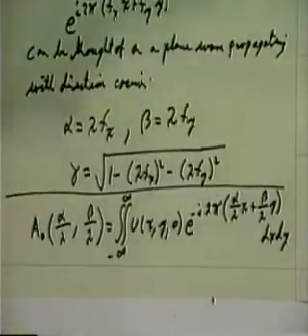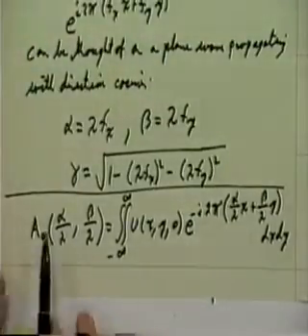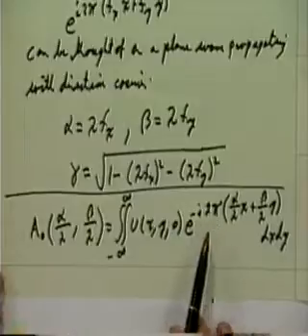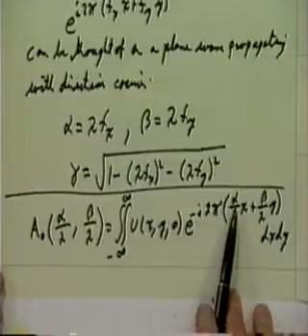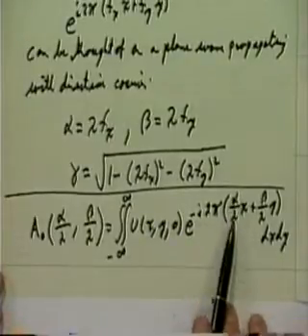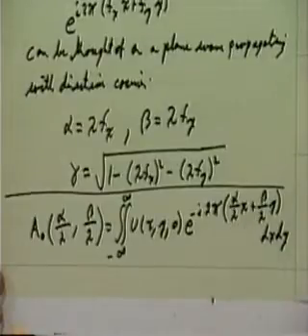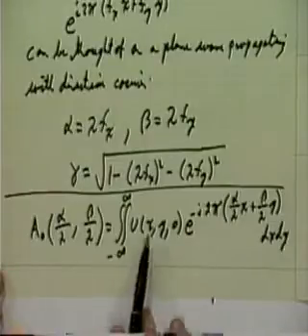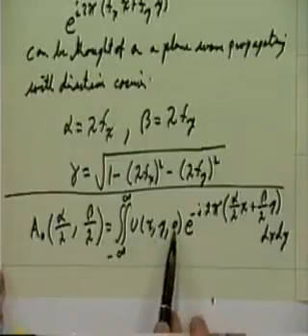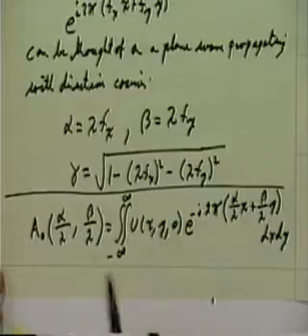So we basically just rewrote what we had earlier, writing it now in terms of alpha over lambda times x and beta over lambda times y. And this is what is called the angular spectrum of the disturbance u of x, y, 0.